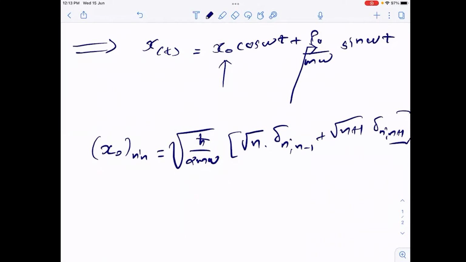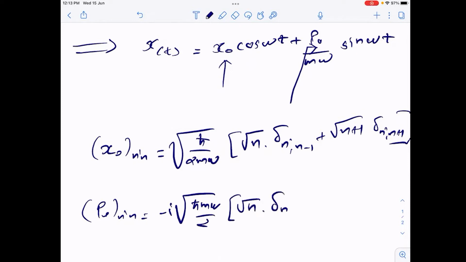Similarly, what was P0? Minus i under root h cut m omega by 2, under root n del n dash n minus 1 minus under root n plus 1 del n dash n plus 1.